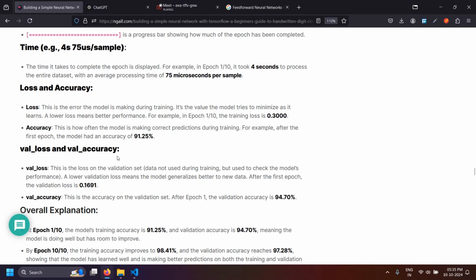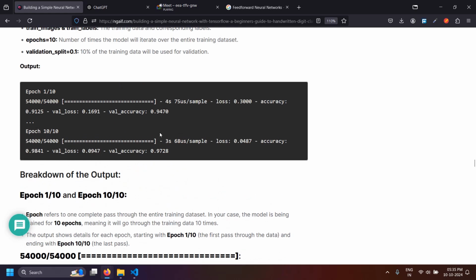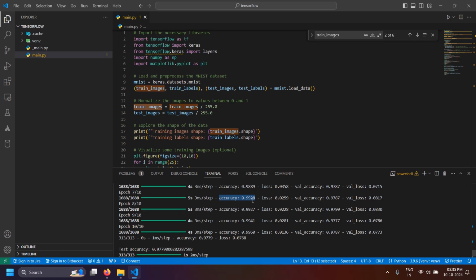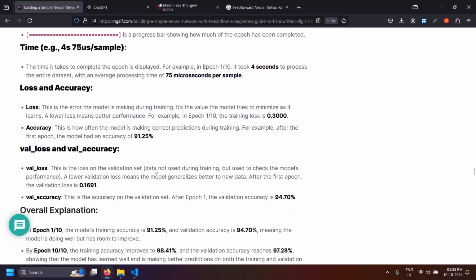For example, after the first epoch, the model had an accuracy of 0.9125, which means 91.25% accuracy. And this one is 99.28% accuracy. This is how you read it.